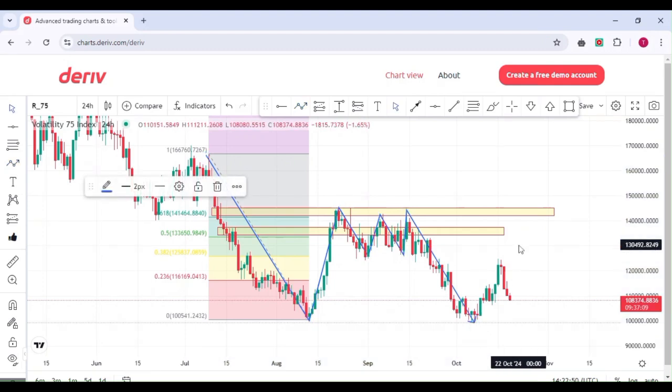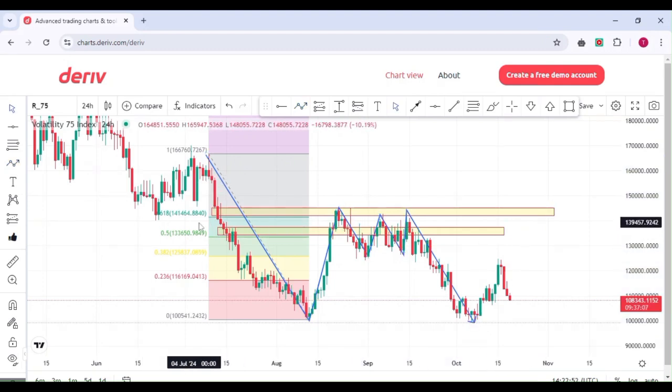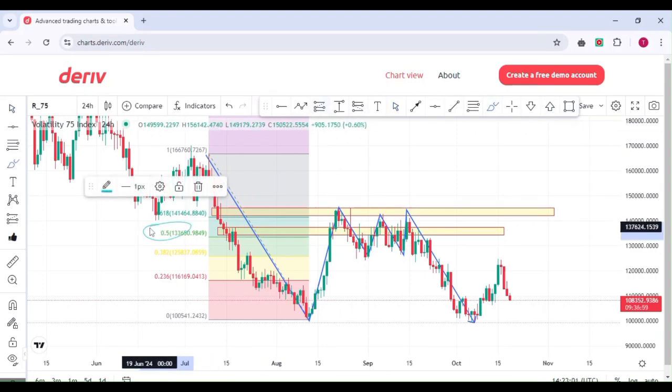So what does that tell you? The Fibonacci retracement on the 0.5, the 50%, is very essential. These two key zones are very essential and can help you make good amounts while trading. So that's for a swing trader.